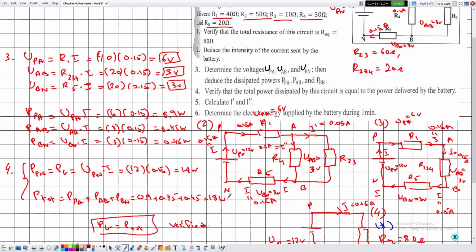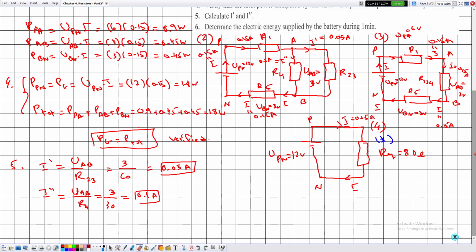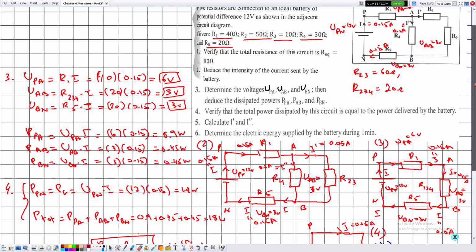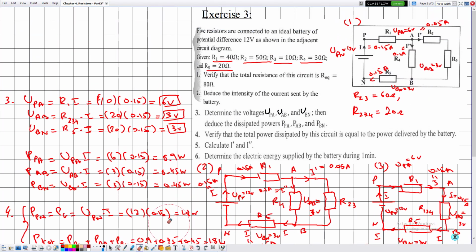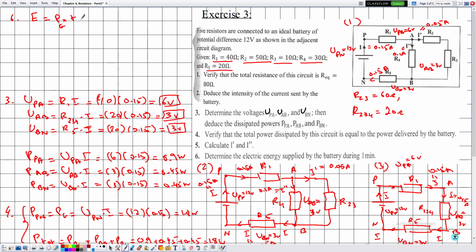And finally, they are telling me to determine the electric energy supplied by the battery during 1 minute. So the electric energy by definition is given by E equals P multiplied by T. We are talking about the energy supplied by the battery, so we use PG, which is equal to 1.8.